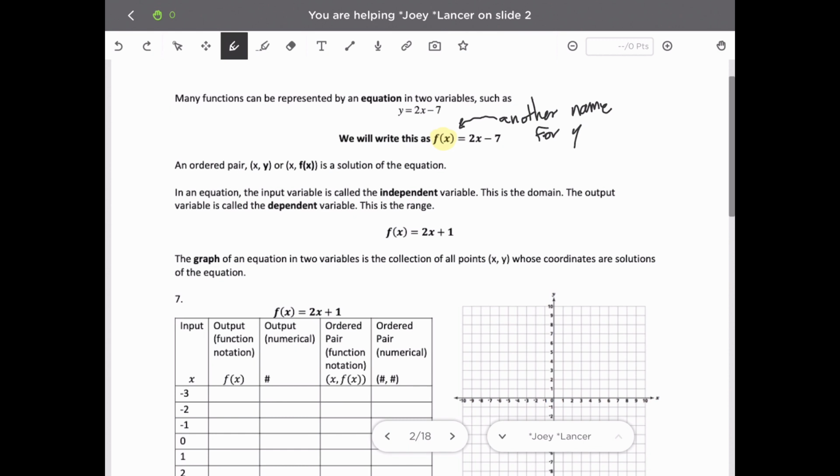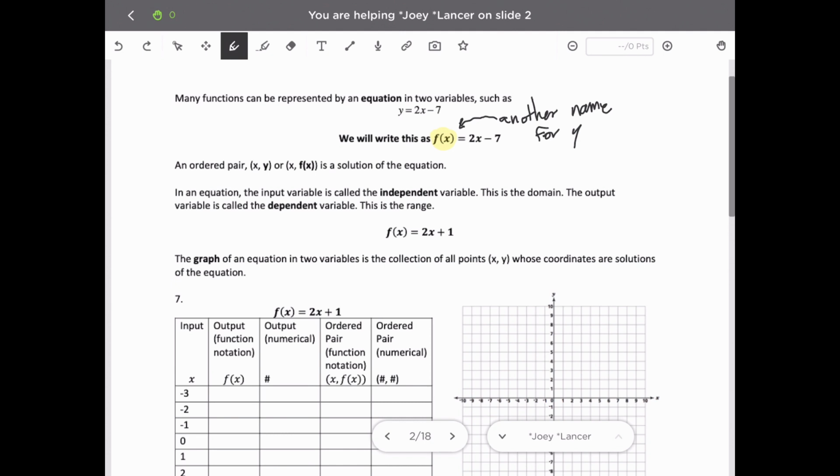When you used to see slope-intercept form y equals mx plus b, here we have f of x equals mx plus b. An ordered pair x comma y, or x comma f of x, is a solution of the equation. In an equation, the input variable is called the independent variable.